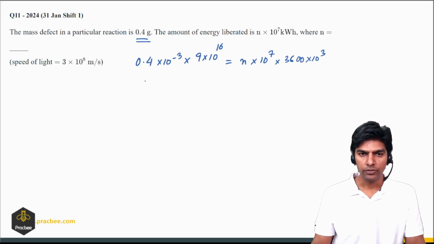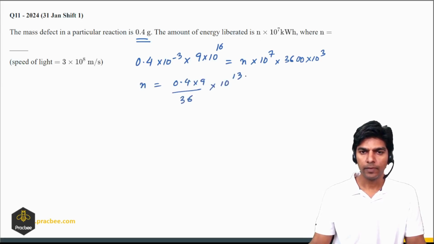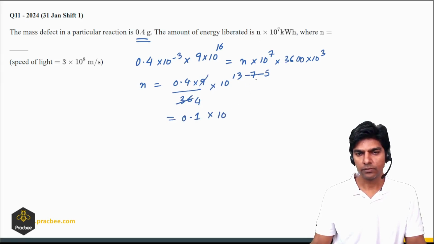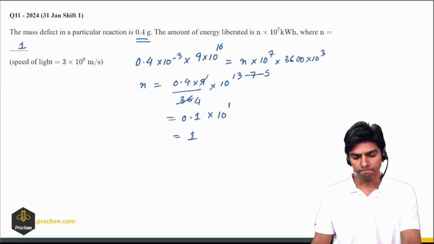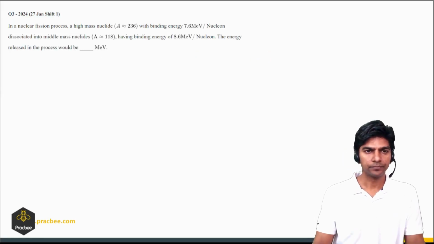So now from this equation we can say n will be 0.4 times 9 divided by 36 times 10 raised to 13 minus 7 minus 5. So this comes out to be 0.1 times 10 raised to power, this will be minus 12, so this will be 1. So it comes out to be 1. So the answer is 1. Right. So let us see another question.